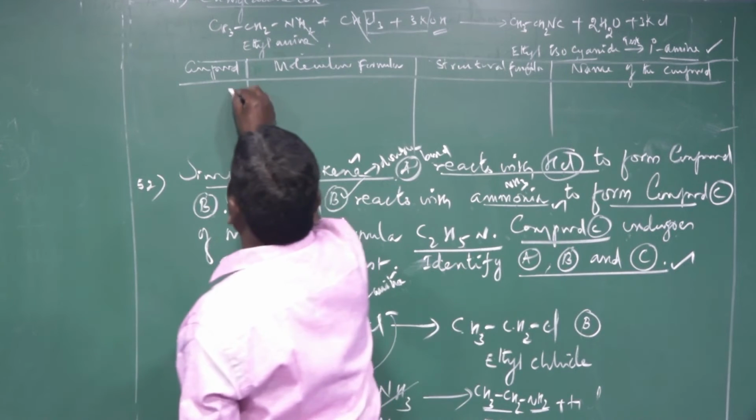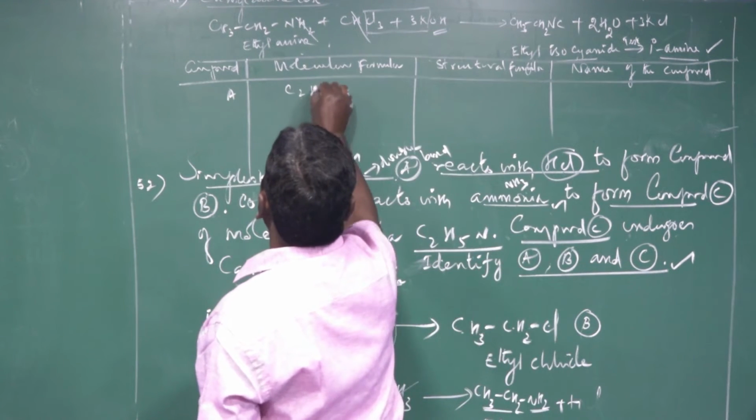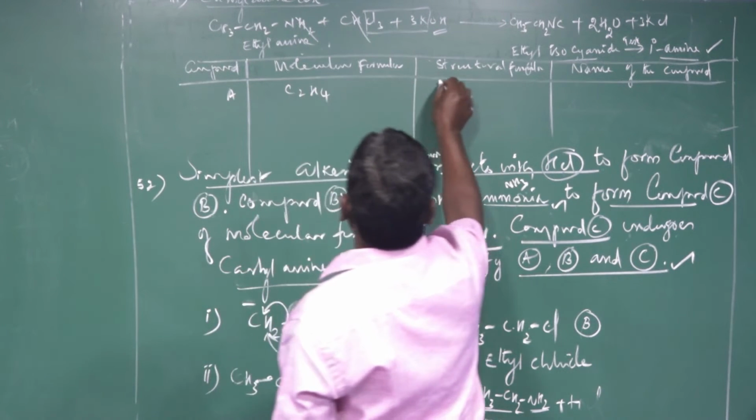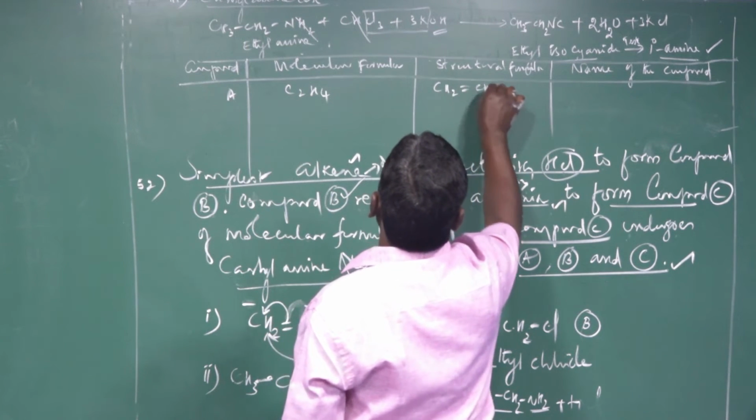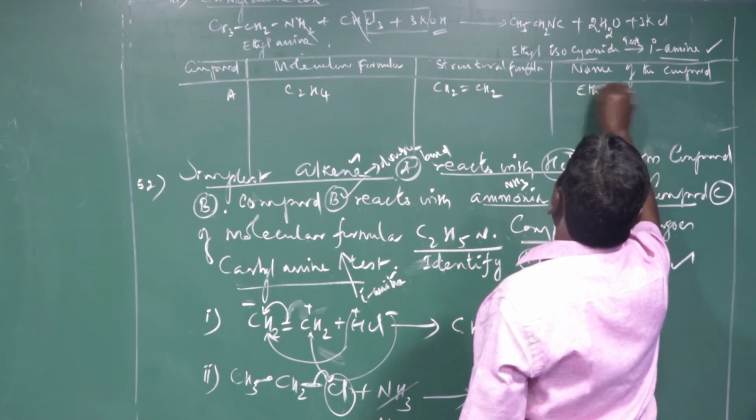Right now compound A is an alkene. Molecular formula C2H4, structural formula CH2=CH2, name ethene or ethylene.